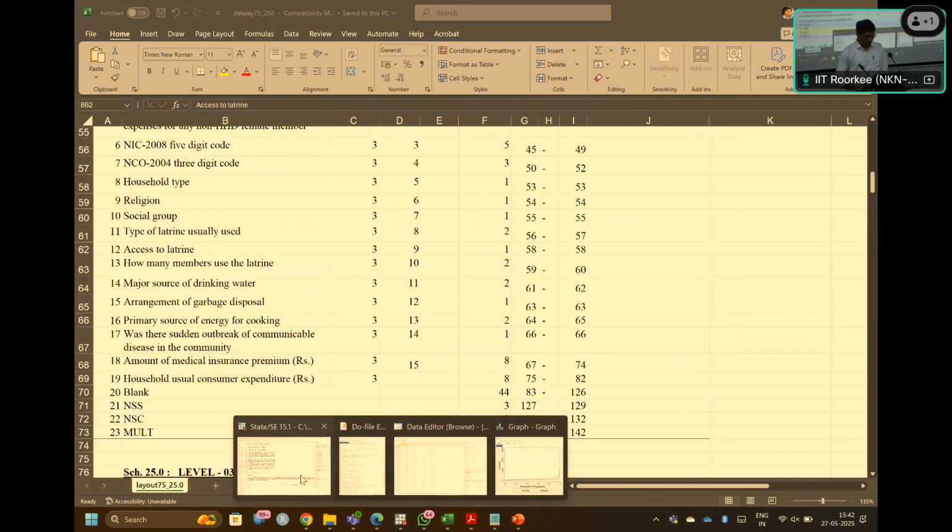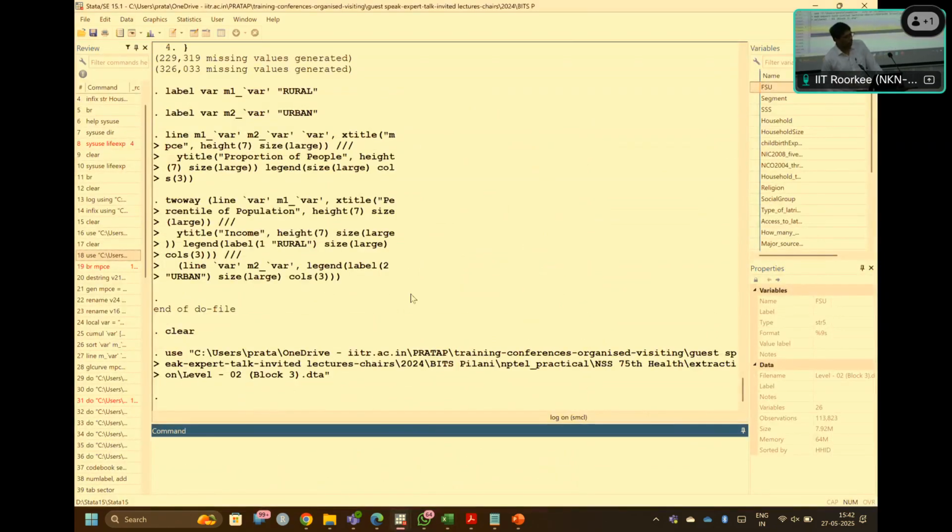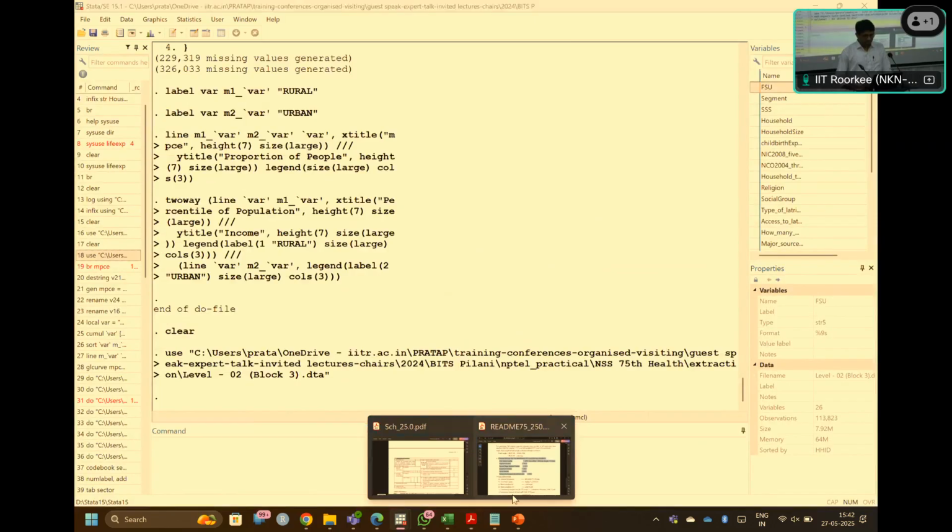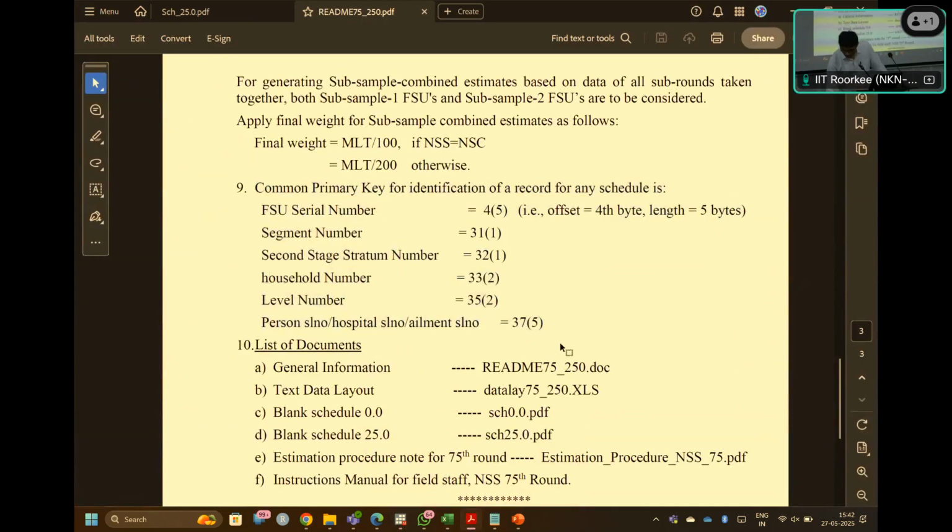So I have opened in Stata the file that is covering household information. Now, to merge it, the standard suggestions given by the ministry about the variables are that if you are carrying household variables, then you have to carry the unique ID till household variables, not beyond. If you are combining individual variables, then individual variables should be taken as a unique ID. Let me specify it.